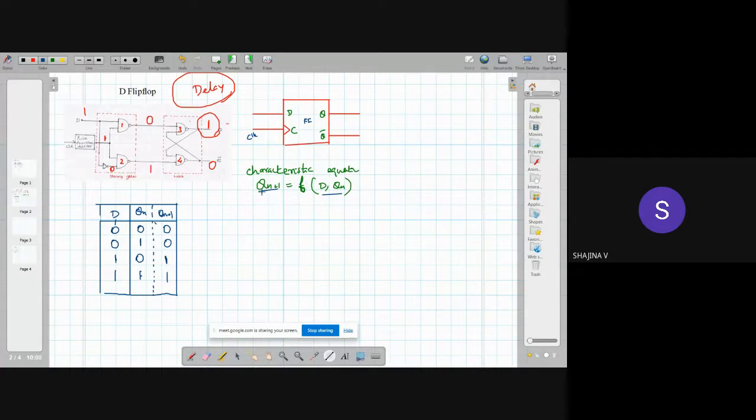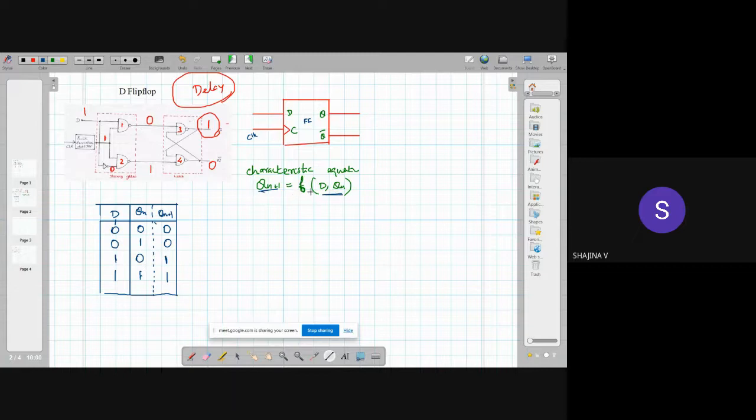നമുക്ക് എത്ര വേരിയബിൾ K-map വേണം? Qn plus 1 in terms of d and Qn ആണ് എക്സ്പ്രസ് ചെയ്യേണ്ടത്. സോ എത്ര വേരിയബിൾസ് ഉണ്ട്? 2 വേരിയബിൾസ് അല്ലേ ഉള്ളൂ, ഡിയും ക്യൂഎനും.